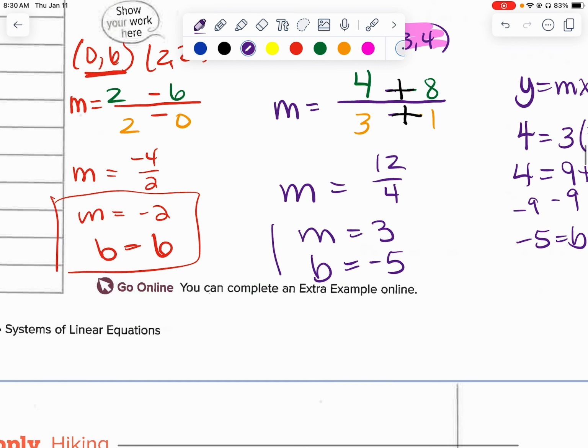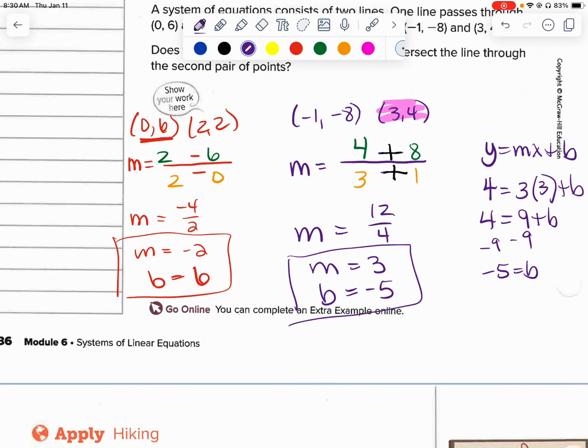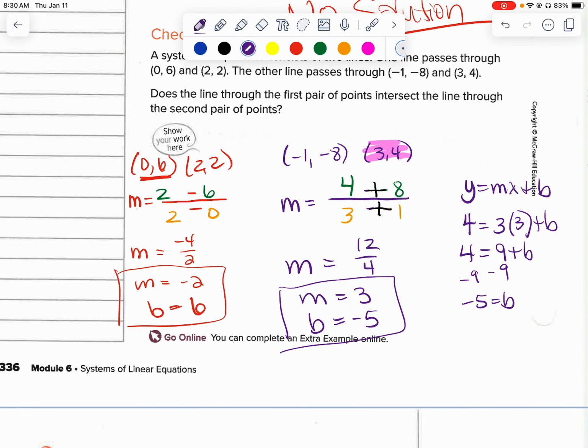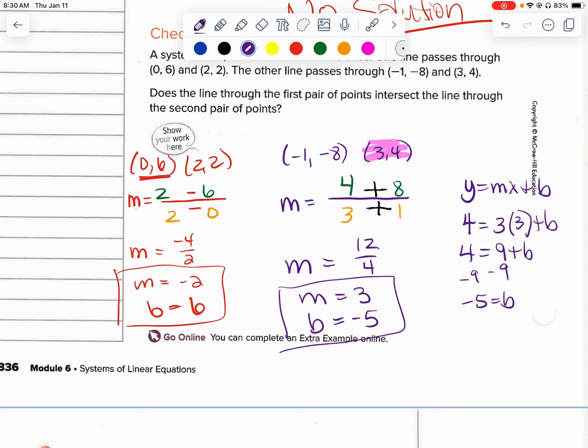So if I compare these right here, my slopes are different. Does the line through the first pair of points affect the line through the second pair of points? The fact that they don't have the same slope means that there's one solution.